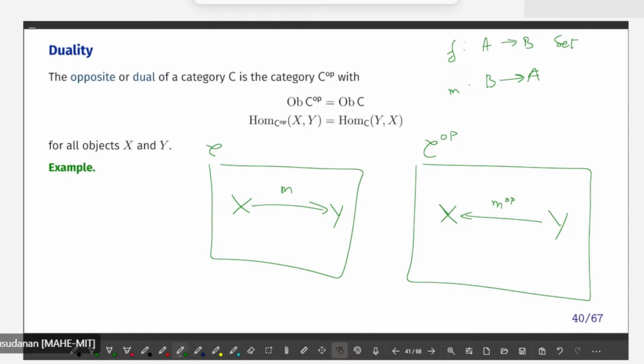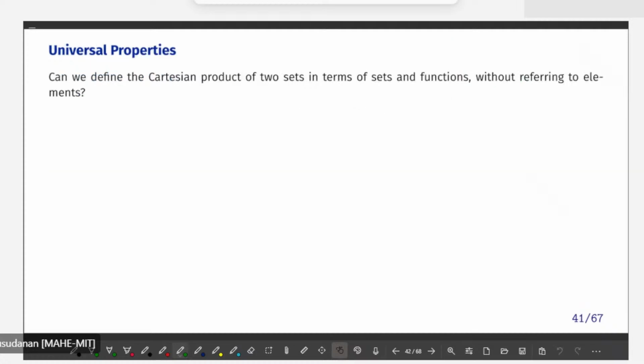So if I go to the opposite category of sets, it consists of sets together with relations that are right total, left unique. Okay, that's it. So it's always possible to do that. Yeah. So, okay.